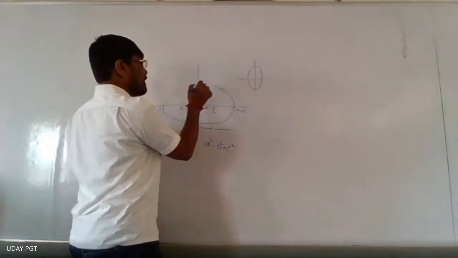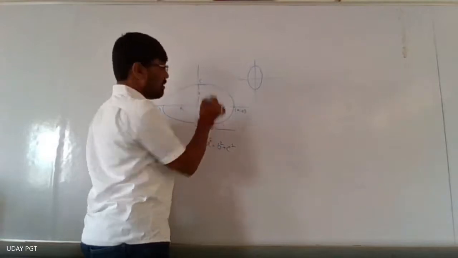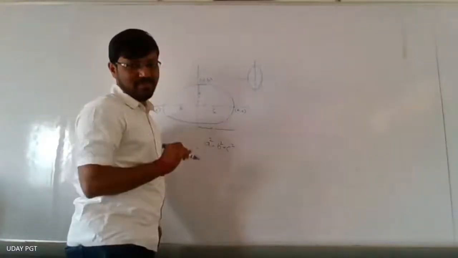A comma 0, sir. Yes, this is a comma 0. This is minus a comma 0. This is 0 comma b, not a. 0 comma b, sir. Minus b. Okay. Now you tell me what are these points.